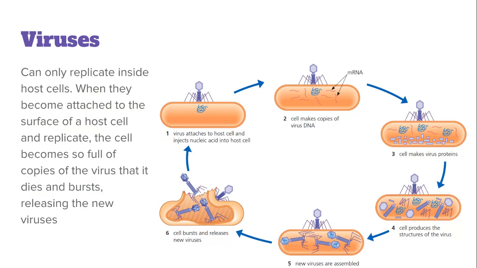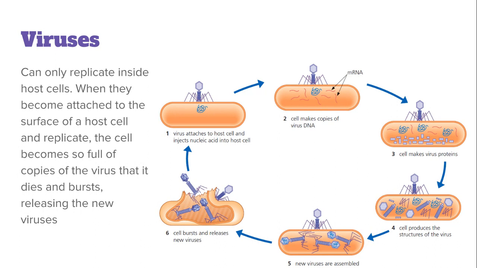And viruses, one of their main characteristics is that they can only replicate inside a host. So they can't live outside organisms. Only when they live inside these cells are they able to survive and reproduce. So it can attach itself to a host cell. And we can see here that it injects its nucleic acid, so its genetic information.